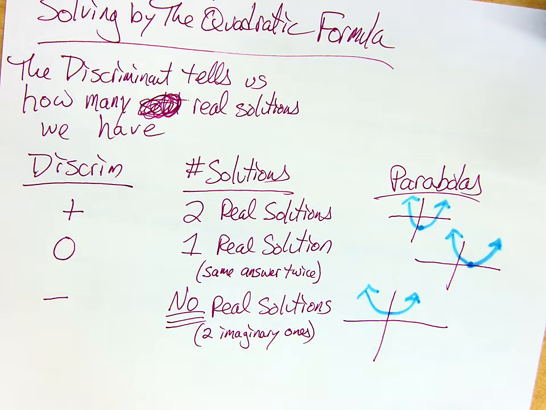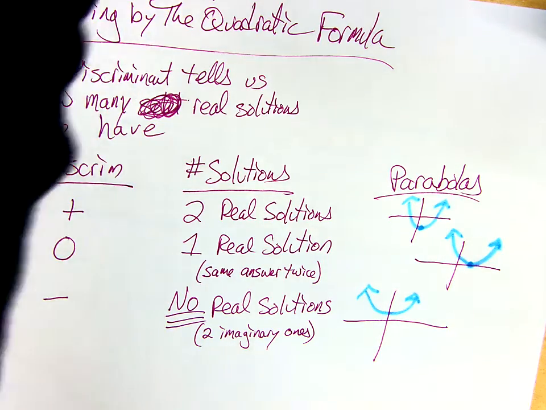All right, great, Miss Sabia. We understand we're looking for the sign of the discriminant, positive, negative, or zero, but you still haven't told us what it is. Well, I'm about to. You ready?